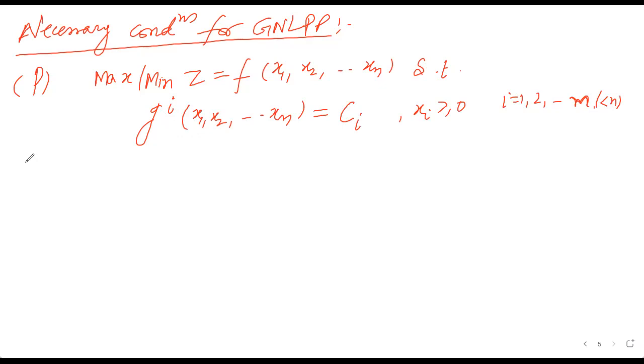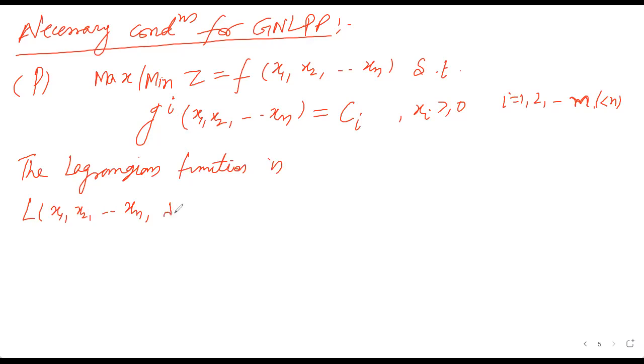So here the Lagrangian function will be what? The Lagrangian function is L of x1, x2, ..., xn and now how many lambdas will there be? Lambda 1, lambda 2, ..., lambda m, as many constraints as there are, that many multipliers.